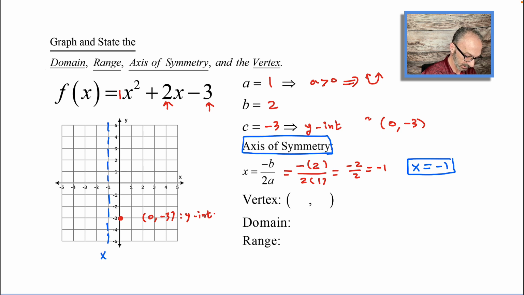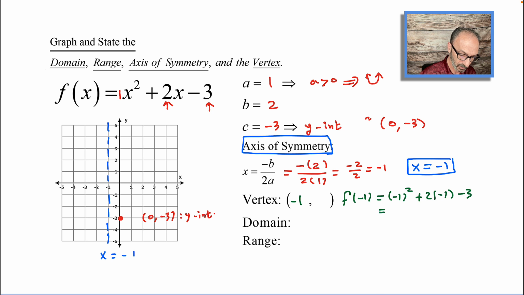X equals negative 1. To find the vertex, what we do is we plug in negative 1 right here into the equation to find the y value. So f of negative 1 equals negative 1 to the second plus 2 times negative 1 minus 3.